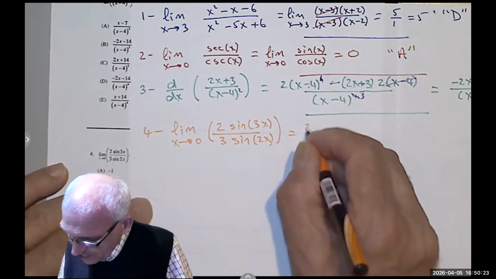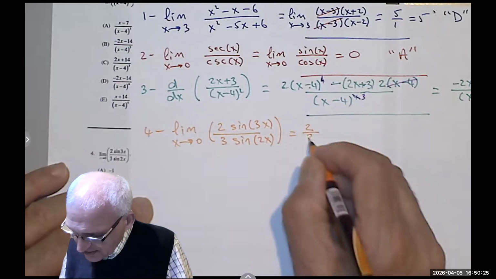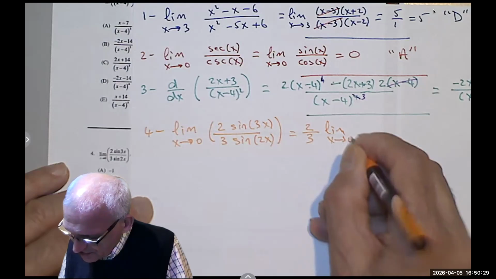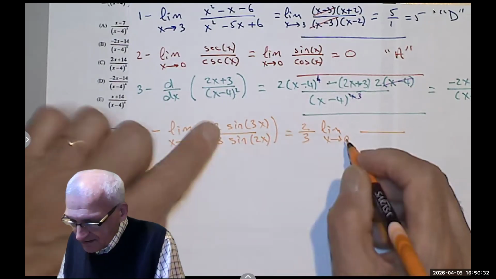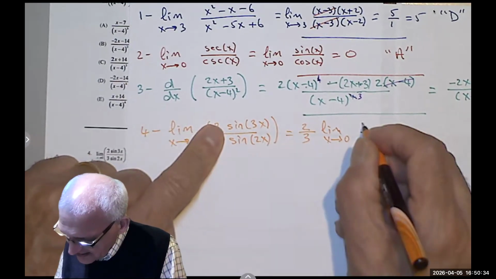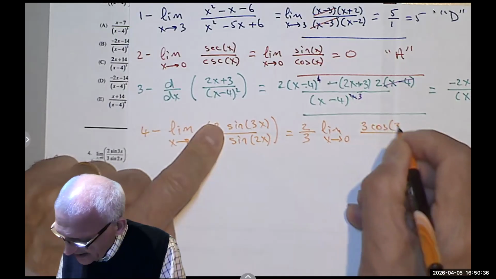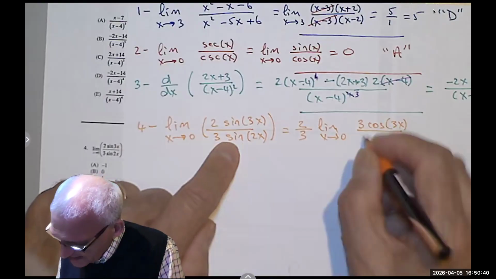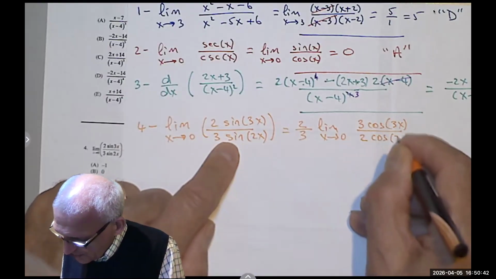If I apply L'Hopital, notice that the 2/3 is a constant, and I say the limit as x approaches 0 of the derivative of sine 3x, which is 3 cos 3x, over the derivative of sine of 2x, which is 2 cos 2x.